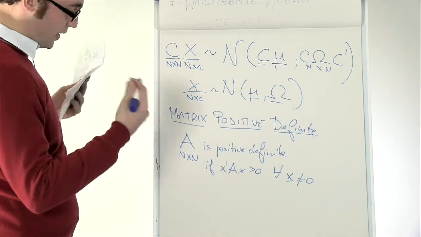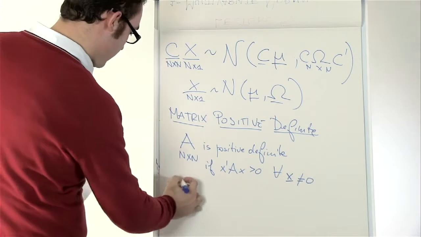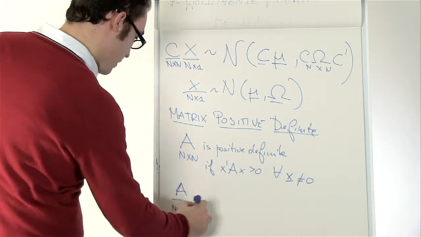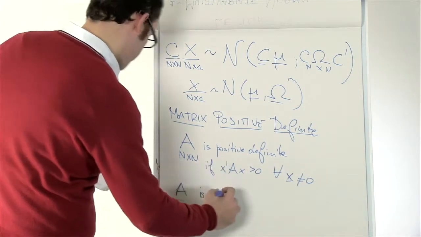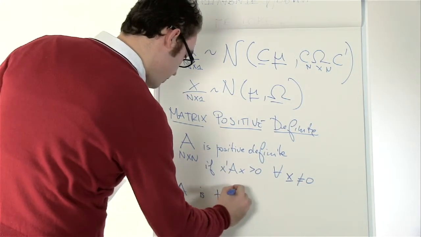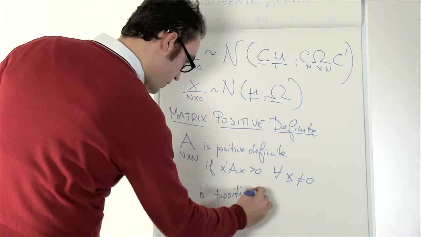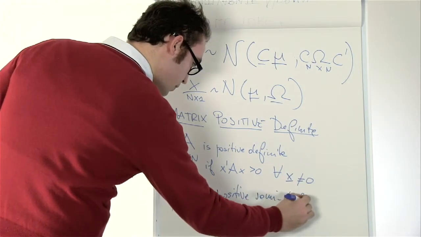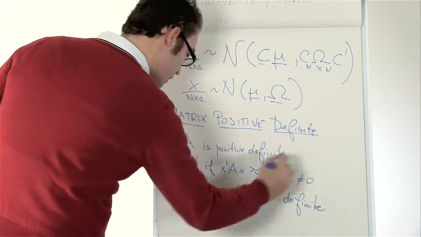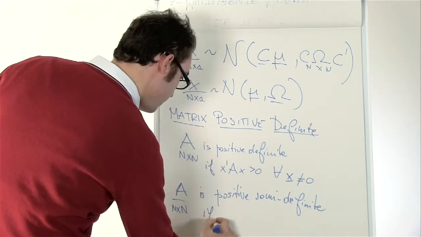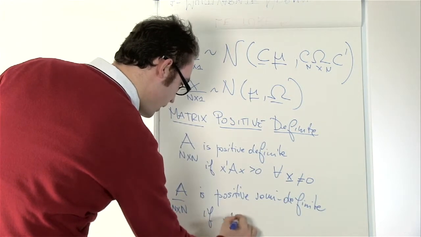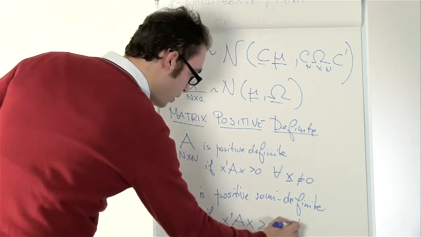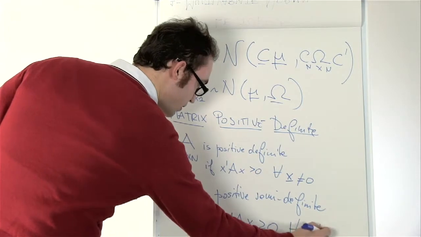And there is another definition: A, m by n, is positive semi-definite if x transpose A x is greater than or equal to 0 for all x that you can invent.